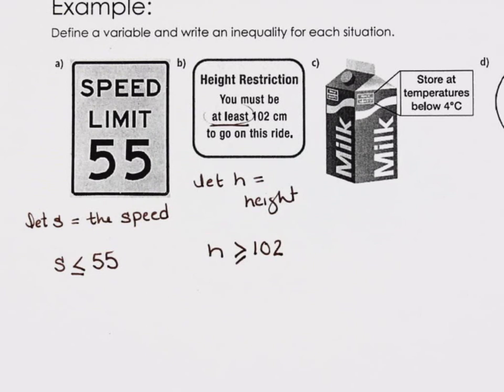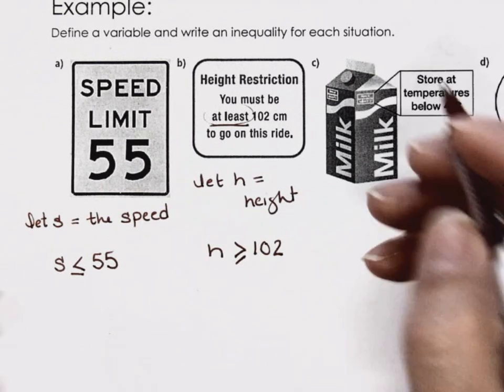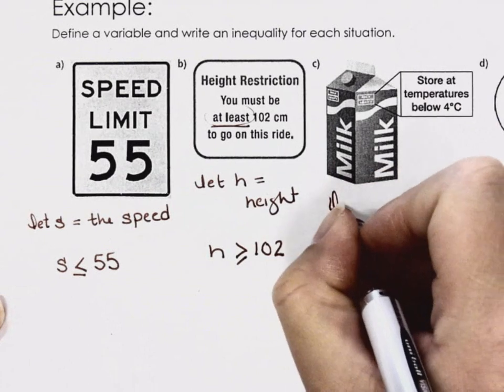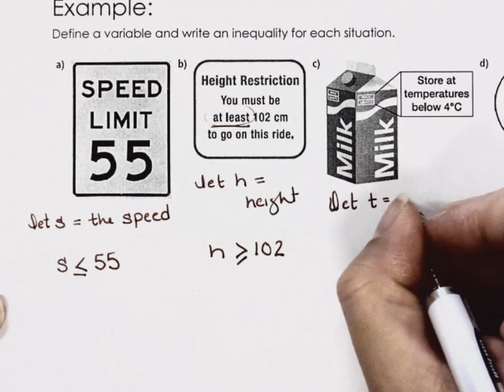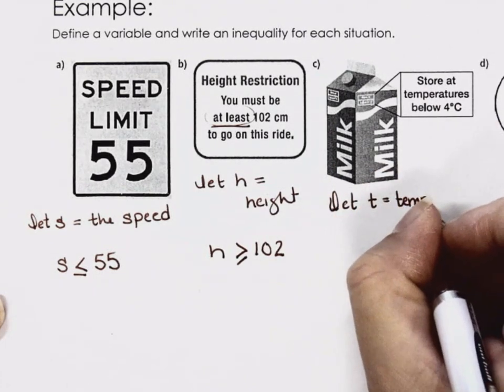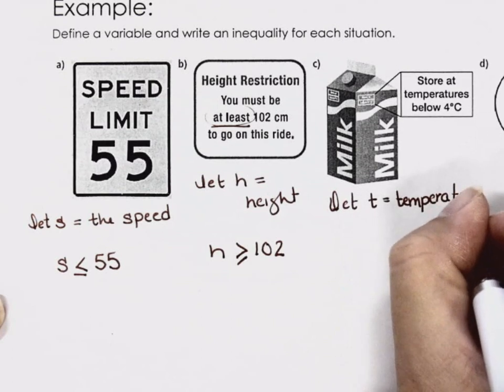All right, on our milk container, store at temperatures below 4 degrees Celsius. It'll be fine outside today because it's below 4 degrees Celsius. All right, so if T is temperature, let T equal temperature.